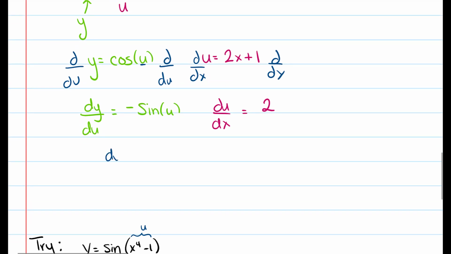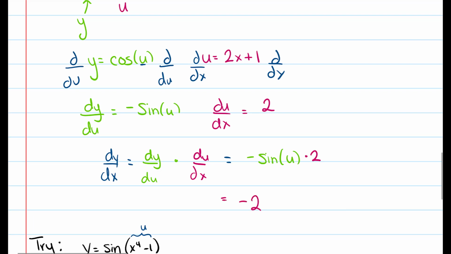And so I have dy dx is equal to dy du times du dx. And so this is equal to negative sine of u times 2. So I get negative 2 sine of u.